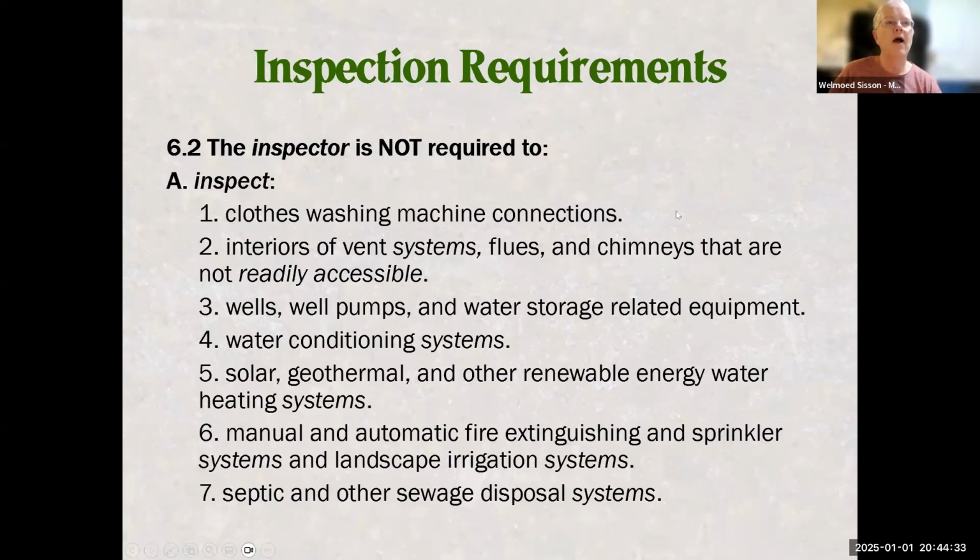You are not required to inspect any of these things: washing machine connections, interiors, wells and well pumps. I mean, we look at them, we identify them. We basically report the presence, disclaim the inspection, and recommend that it all be looked at by a qualified well person. Same thing with water conditioning systems.